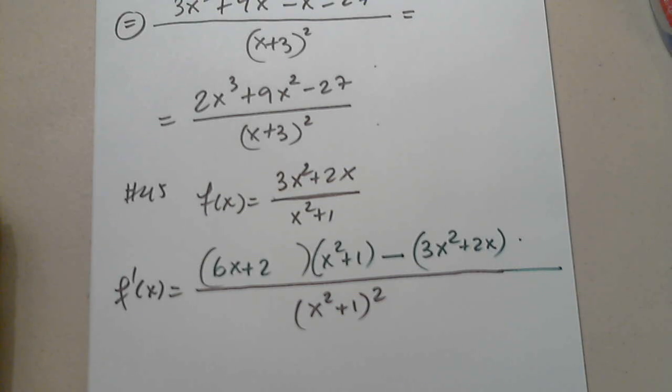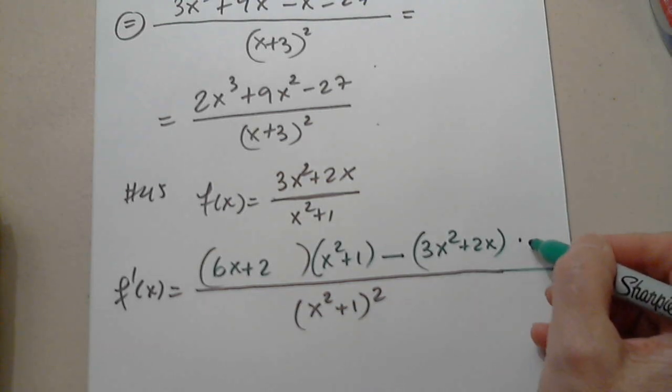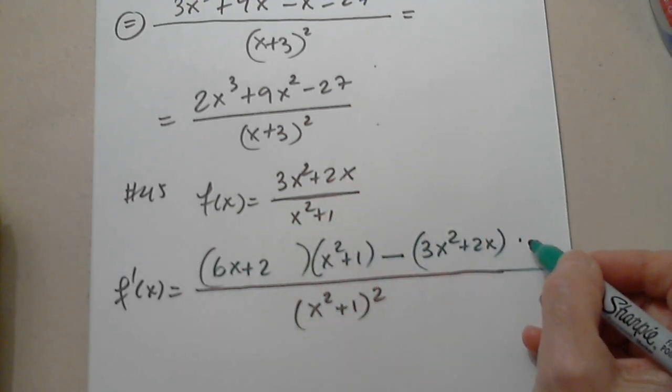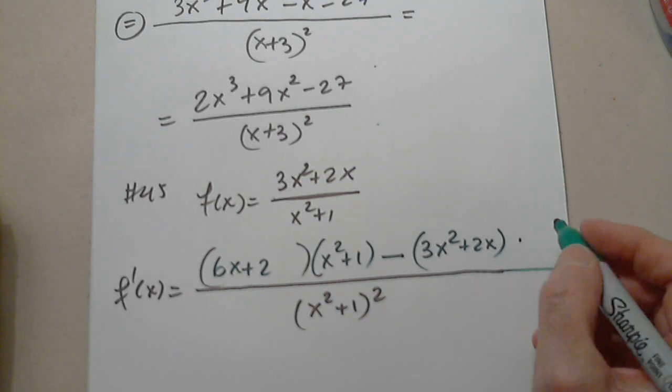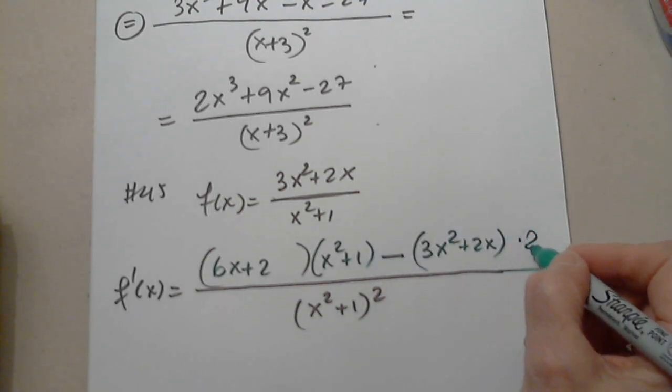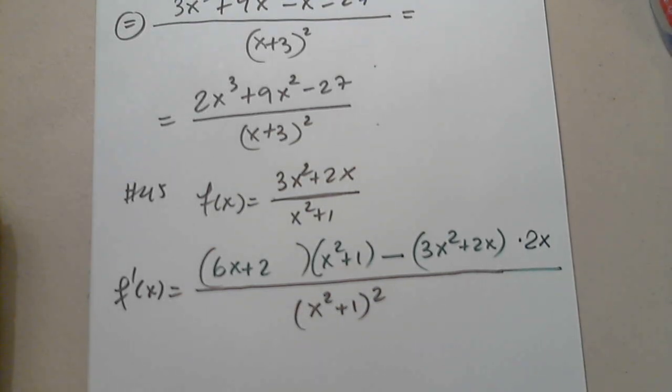Can anyone give us the derivative of the denominator? Is it 2x plus 1? 1 prime is always 0. So then just 2x. Exactly.